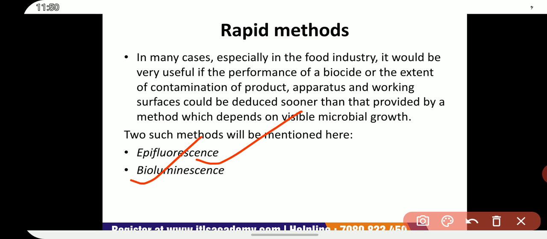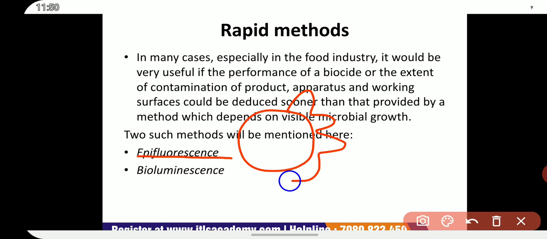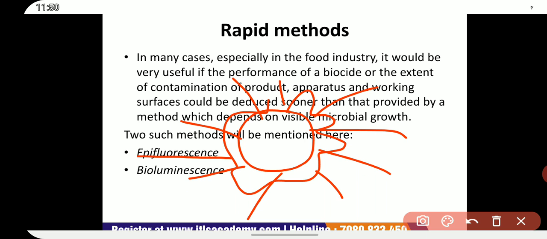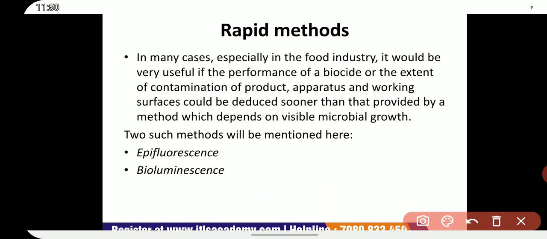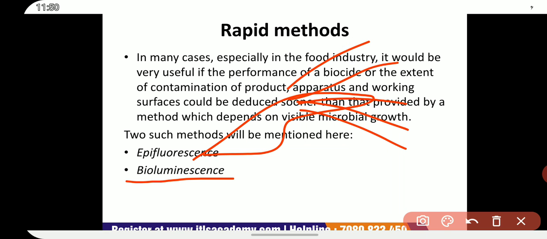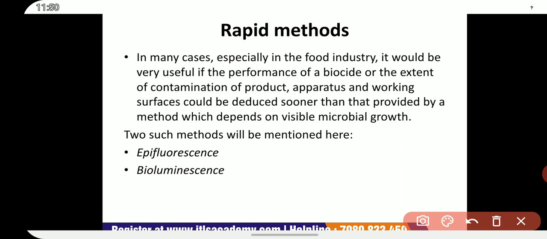As we know, fluorescence is a phenomenon in which a chemical or compound glows, while in bioluminescence, an organism shows luminescence, that is, a glow of light. So let's discuss these two methods in detail.